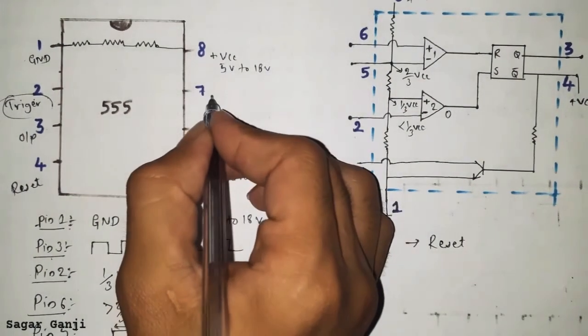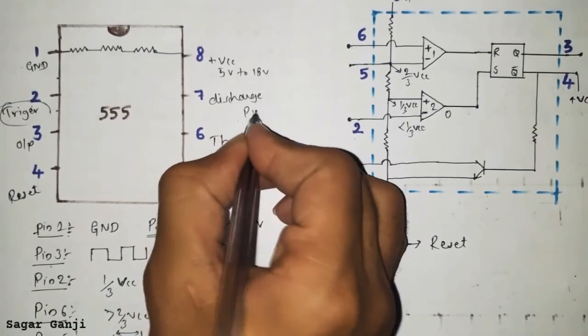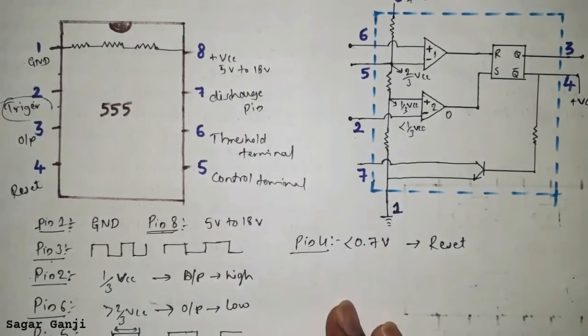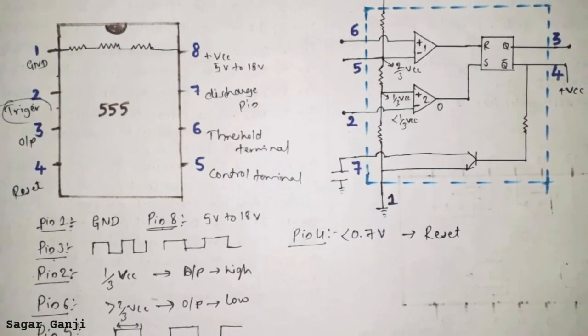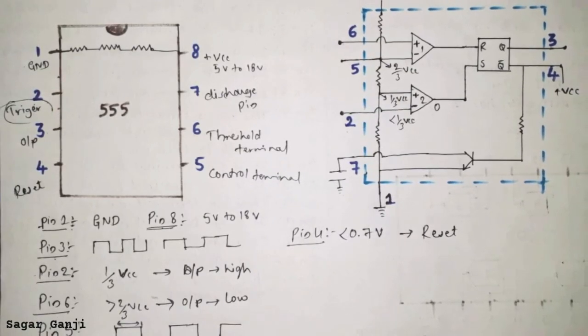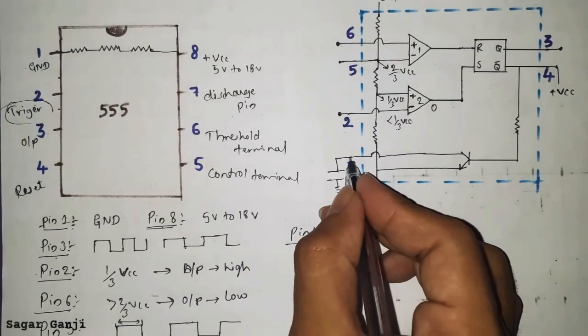Now pin number 7 is called the discharge pin or discharge terminal. It is called a discharge terminal because the timing capacitor will discharge through this pin. An external capacitor is connected at pin number 7.